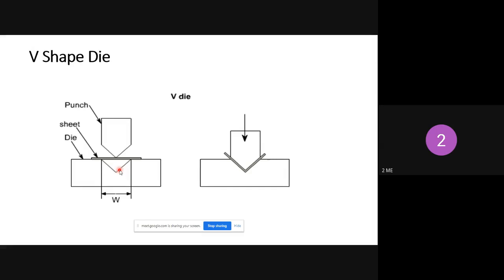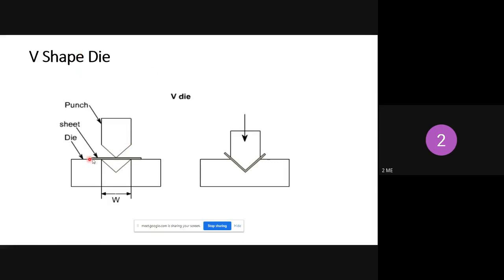So the next one is the V-shaped die. To produce a V shape, you need one V shape of die as well as a V shape of punch. The V shape of punch as well as the V shape of die is required to produce a V shape of sheet metal.